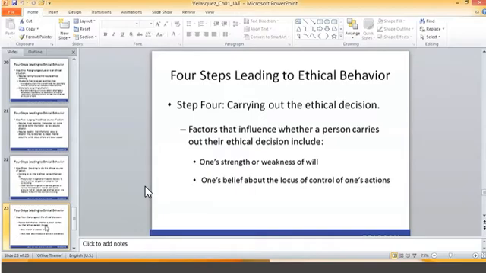People who are high on internal locus of control have a strong will. People who are high on external locus of control have low will, and their justification is based on external factors. It is easy for them to blame somebody else for their action.